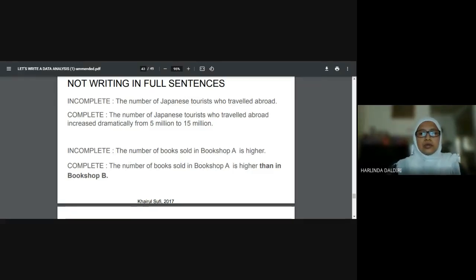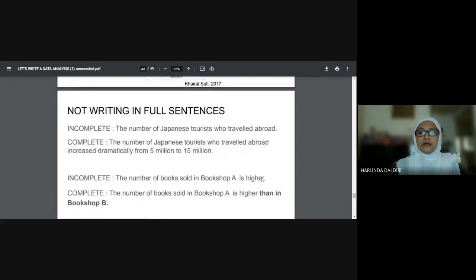All right, another incomplete sentence: The number of books sold in bookshop A is higher. A lot of students write like this, but it's actually grammatically wrong. When you have a comparative adjective like this, it is very common, even in speaking. But when you use higher, lower, slower, faster, you have to mention then what.